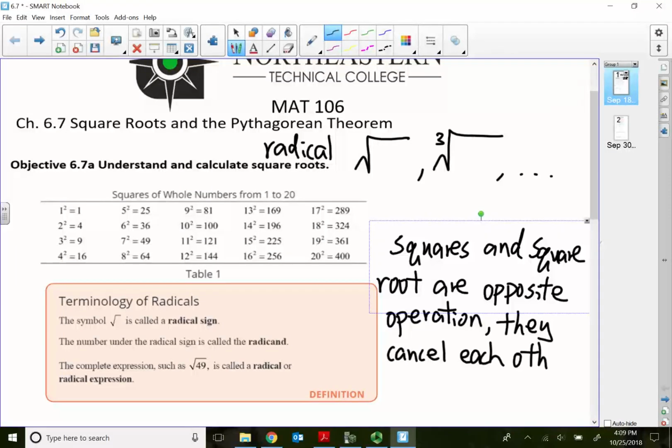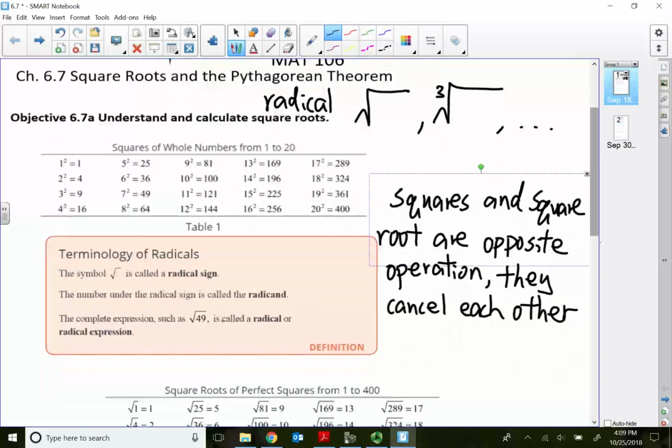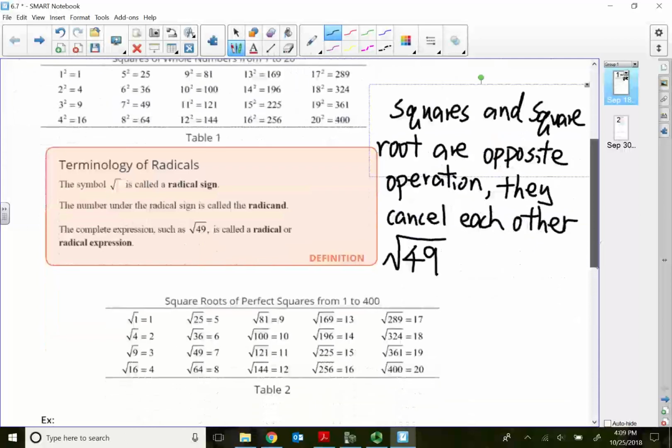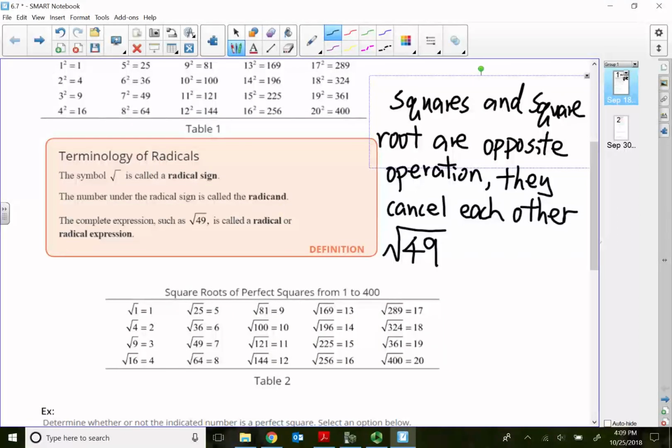Just like this square root of 49. If you type in the square root of 49 in the calculator, it's going to be 7. Here I copied this from the textbook. This is all the square roots, where the answer is from 1 through 20, just the opposite of what's up here.